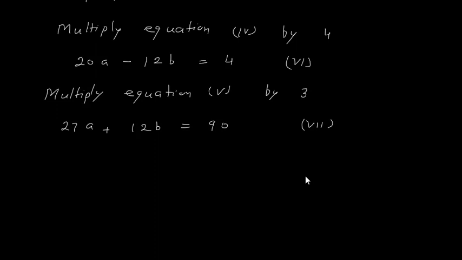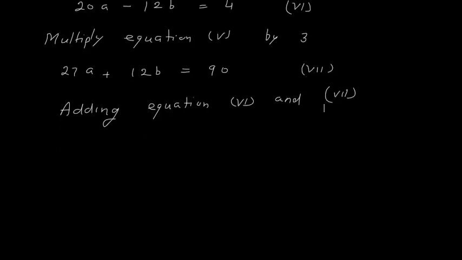Now if I add equations 6 and 7, my b part will be eliminated. So let us first write equation number 6. This is 20a minus 12b is equal to 4, and this is 27a plus 12b is equal to 90.